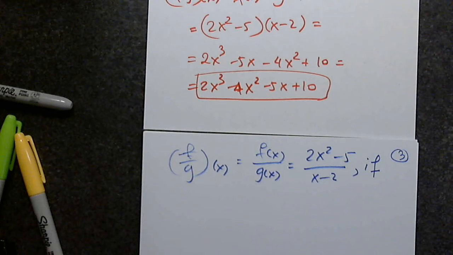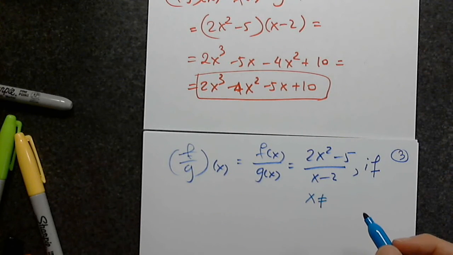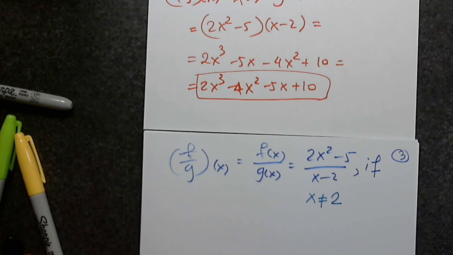Why? Well, what does it mean? Excellent. Can anyone explain why the bottom cannot be 0 other than Ella? Correct. Which means x cannot equal 2. Very good. Excellent.